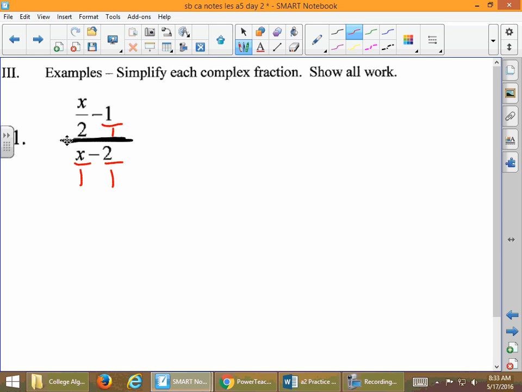What we are going to start with is, what's the common denominator between these 4 individual fractions? Well, there's only one place that really has a denominator. It's the 2. So I'm going to show a little bit more work than you probably need to see.